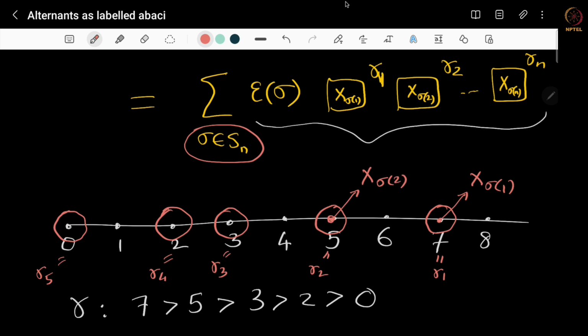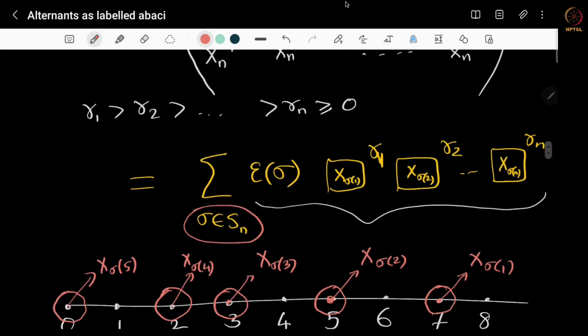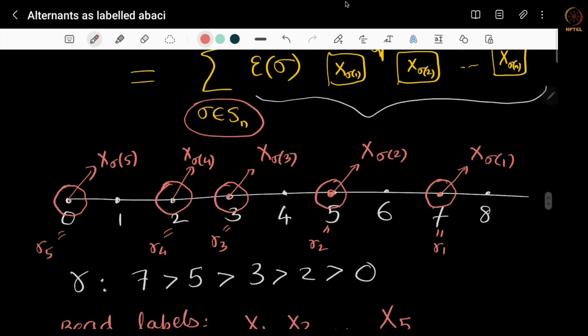So what does this term here correspond to? x sigma 1 power gamma 1. So remember, 7 is gamma 1. This is gamma 2, and so on, gamma 3, gamma 4, gamma 5. So to represent the term that's written here, x sigma 1 power gamma 1, I will think of this bead as being labeled x sigma 1.